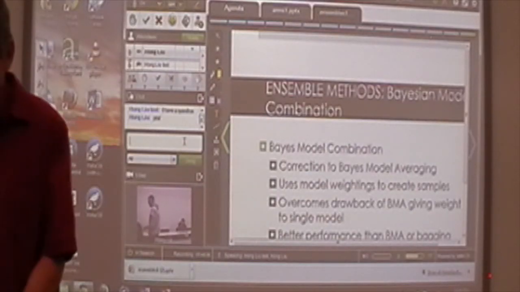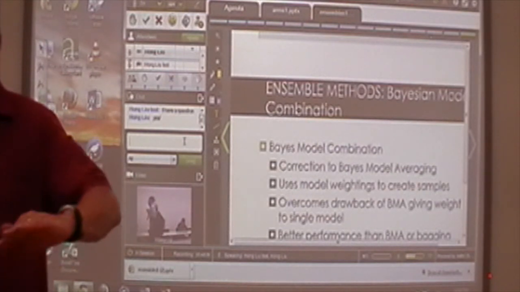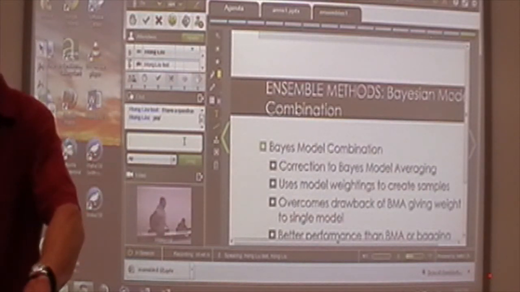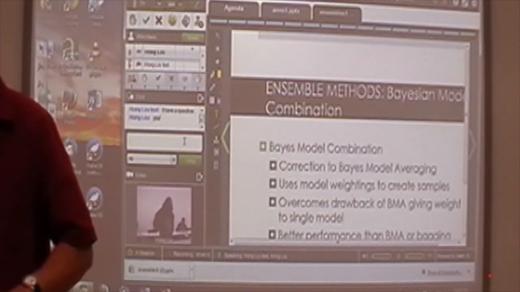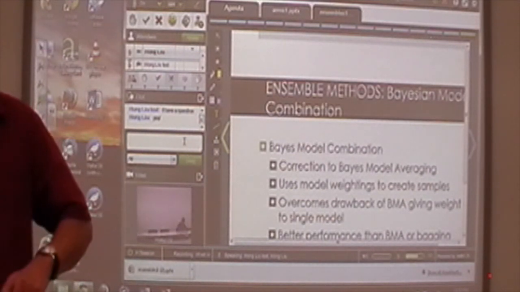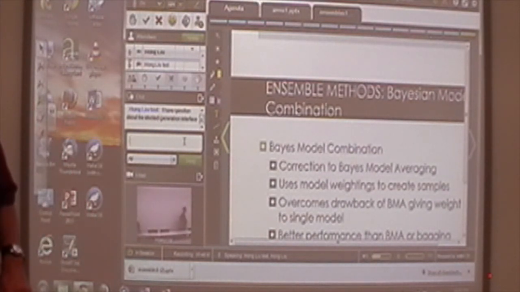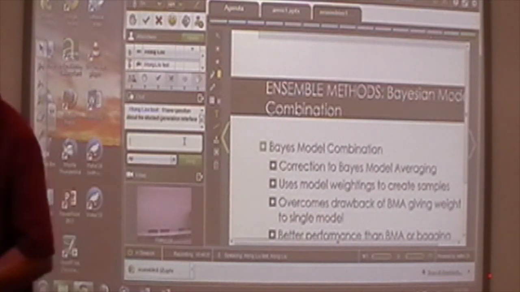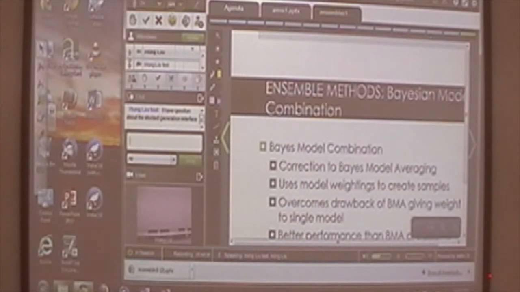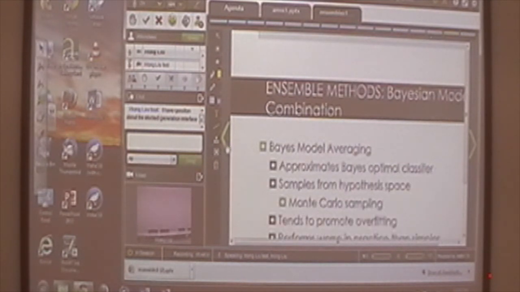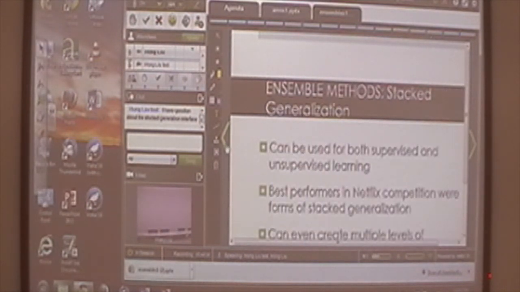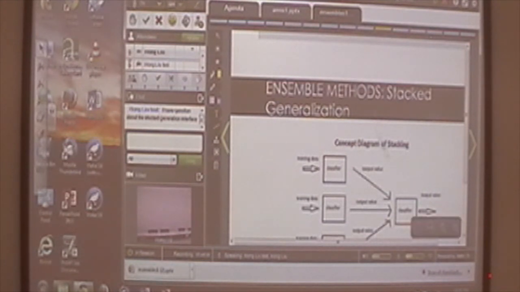You mean the outputs that are being used as now your new training data? Yeah. So your question is how that works? Yes. You're confused because of the diagram of the two layers. If you go back a few slides to the stack generalization, go back. Here?